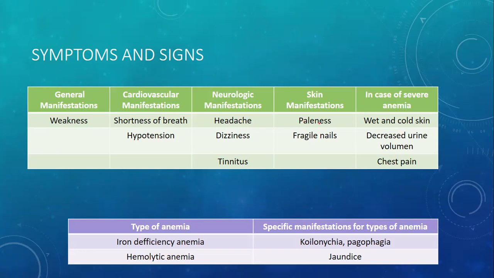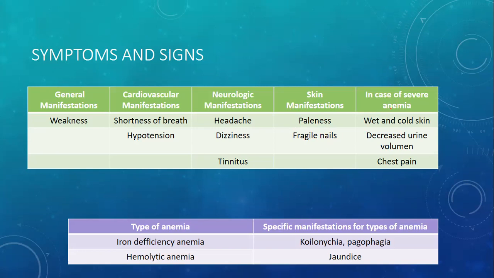So since the peripheral vessels contract, they do not receive that much blood, and we have pale skin, paleness, palidez, right? This one is also related to it, fragile nails, right?